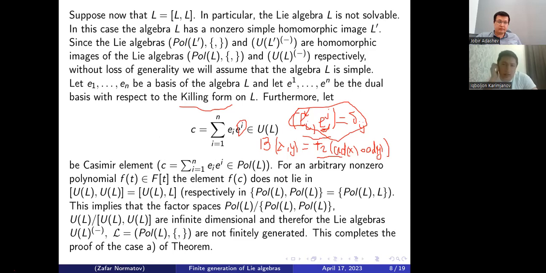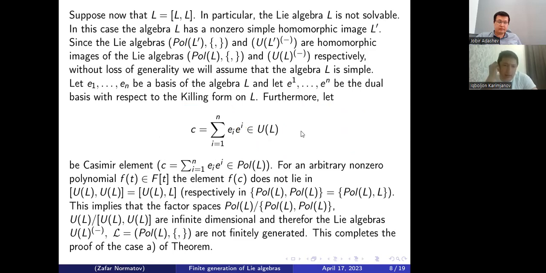Here the context is the dual basis with respect to the Killing form, not only the dual basis. So they make the following elements, being the Casimir element.